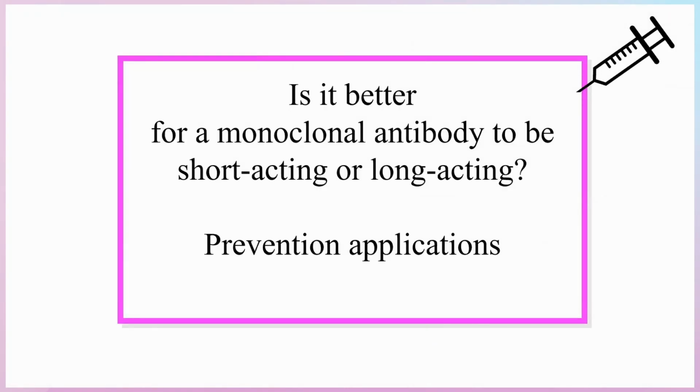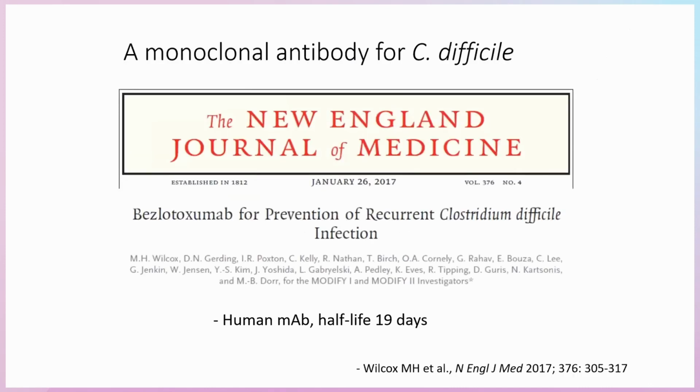Now let's look at some prevention applications. Now I want to begin with Clostridium difficile. In this paper published in 2017, looking at a monoclonal antibody called bezlotoxumab for prevention of recurrent Clostridium difficile infection.